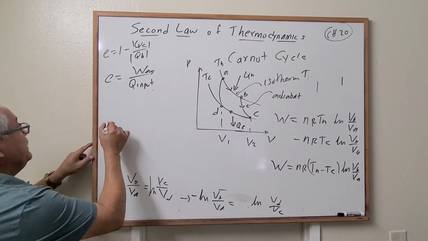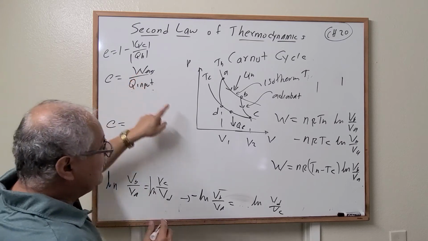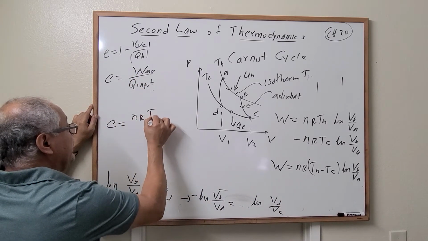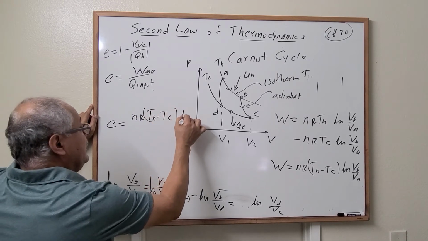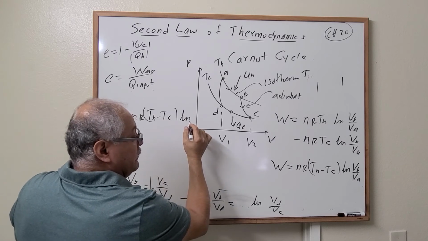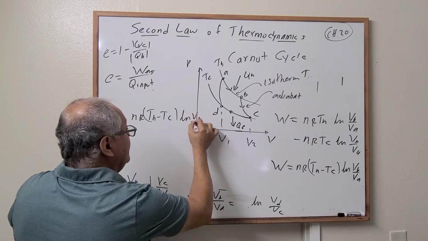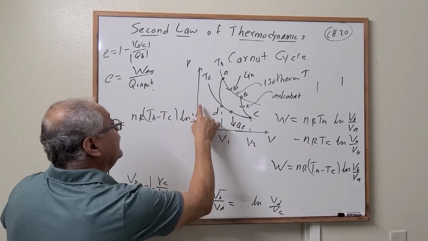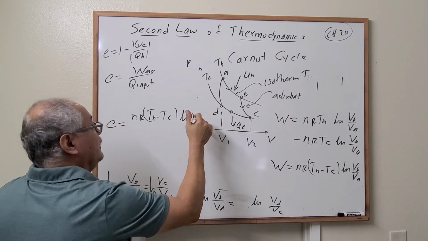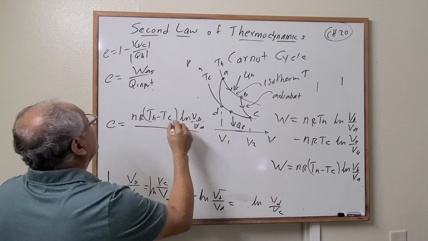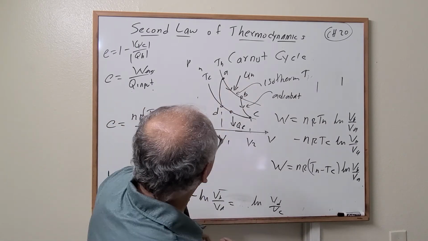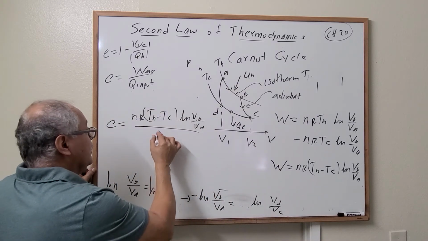Efficiency is equal to the work done by the engine, which is this one, nR(T_H minus T_C) ln V_B over V_A, divided by the input heat. What is the input heat? It's this one, Q_H.